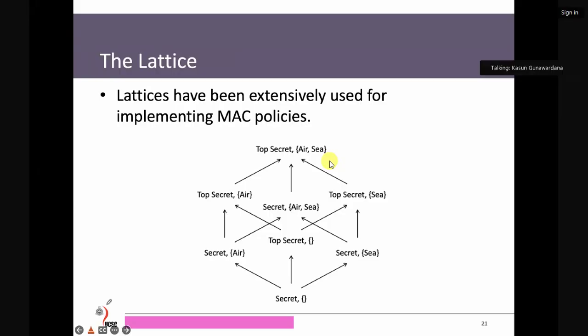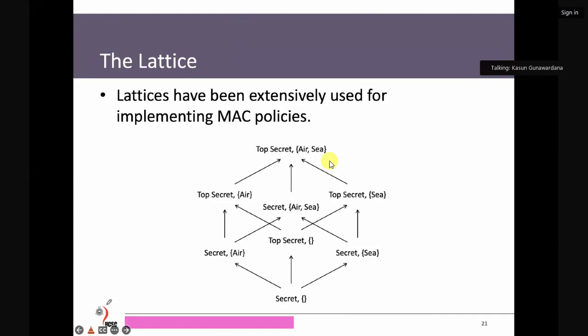These lattice structures organize security levels and permissions into a mathematical structure called a lattice.